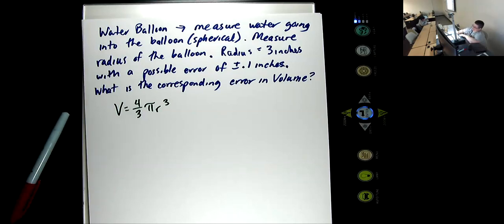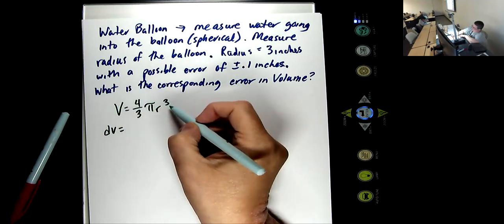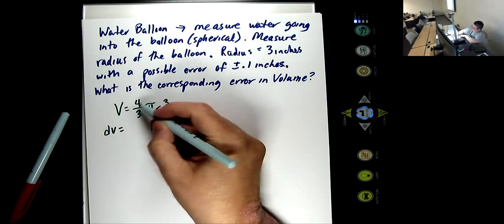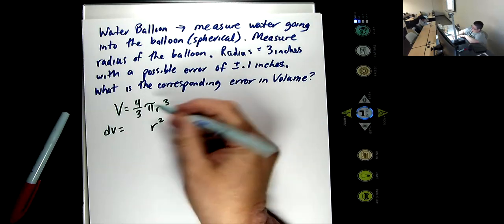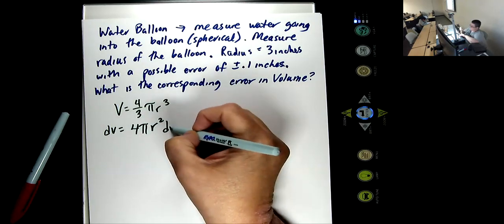We have dV equals, we take the derivative of r cubed. This goes down to an r squared. The 3 comes down. 3 times 4/3 is 4. So we got 4 pi r squared dr.